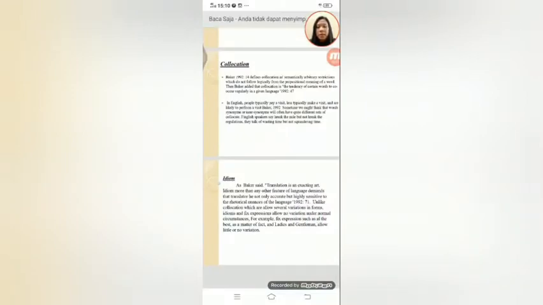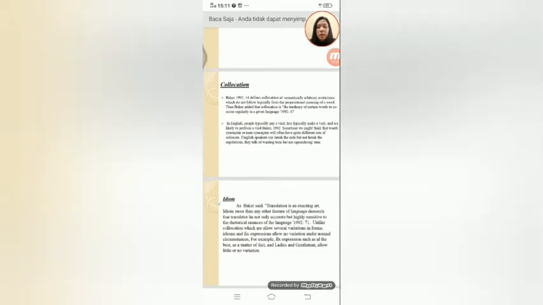Baker defines collocation as semantically arbitrary restrictions which do not follow logically from the propositional meaning of a word. Then Baker adds that collocation is the tendency of certain words to occur regularly in a given language.